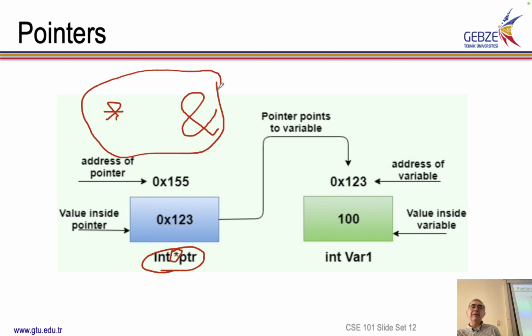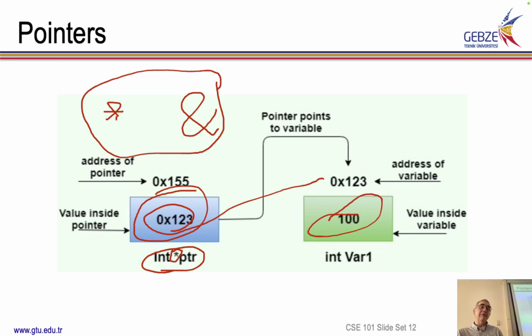Pointers are variables. Since they are variables, we need space to store them. So you store pointers inside the memory, at a memory address. But that address contains a value.